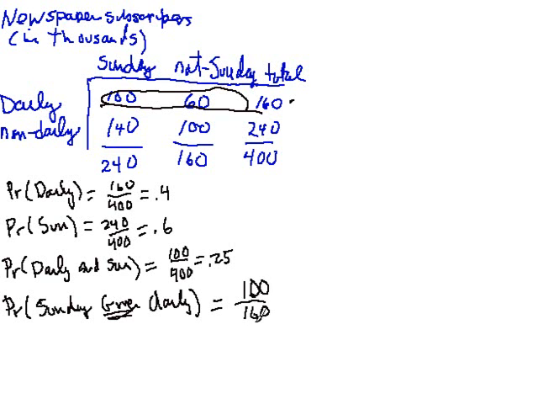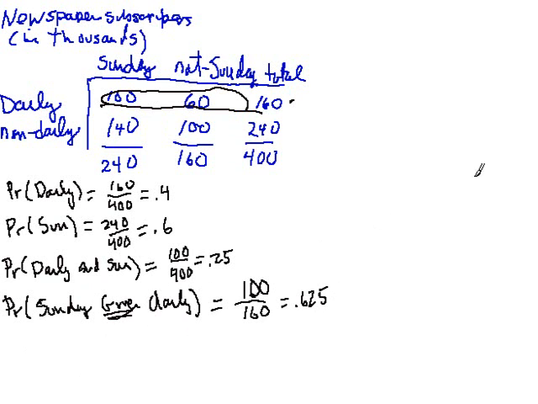Well, that's going to be 5 over 8, which comes out to be 62.5%. So notice that 60% of the households took the Sunday paper, but if we restricted ourselves to the daily subscribers, a slightly higher percent of those people do.